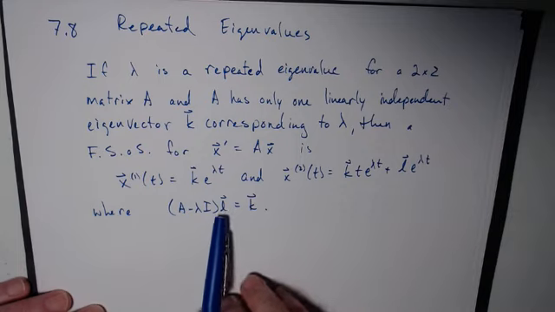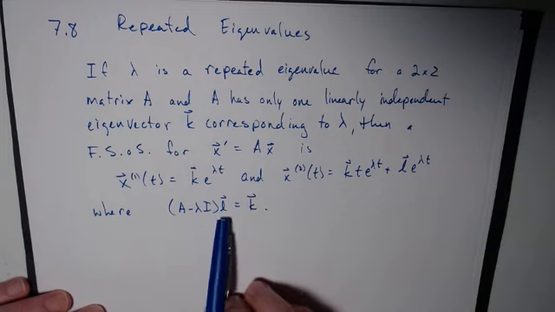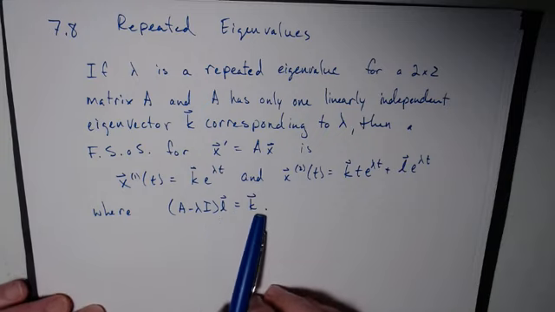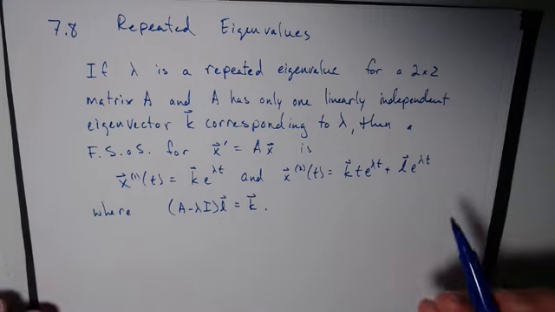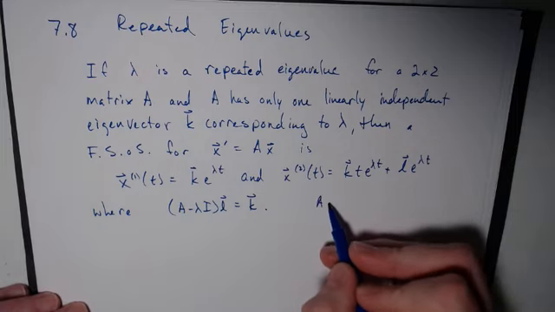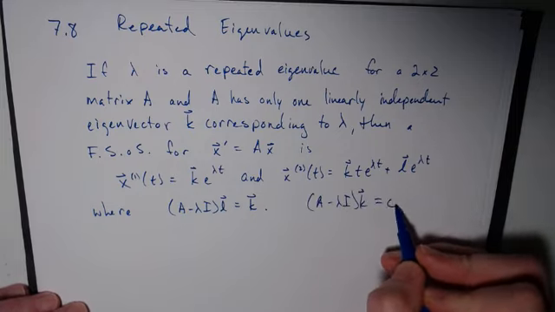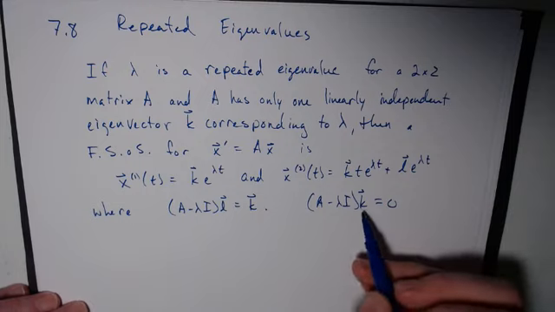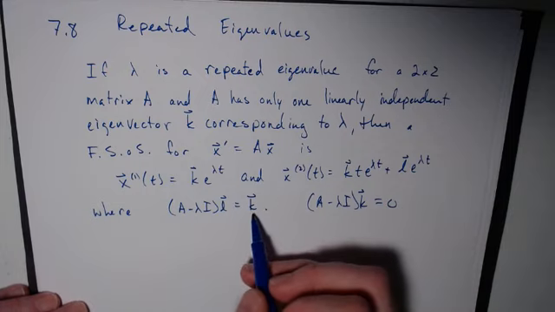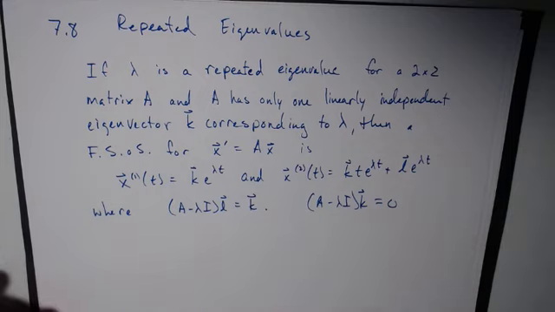The way we're going to find that l is by solving the system of equations (A minus lambda I) l equals k. So remember, k is the solution to (A minus lambda I) k equals 0. Once we find our k, we're going to make that the right-hand side and find our l.